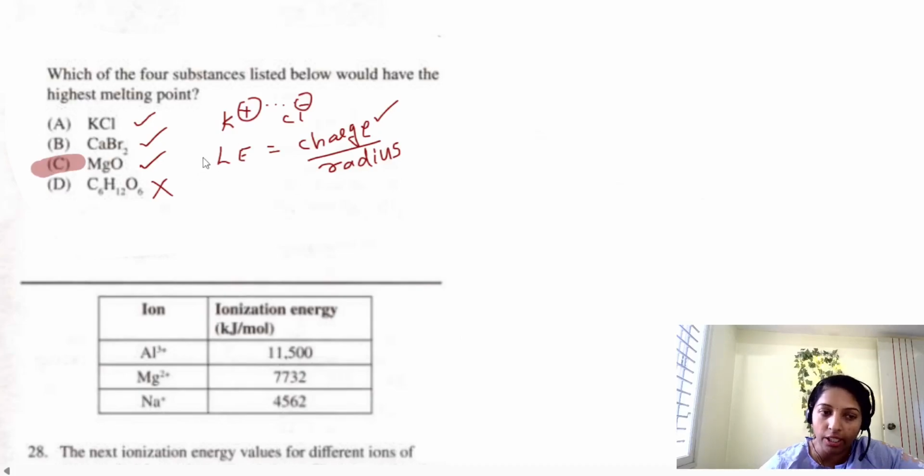If charges are the same, for example, instead of MgO, suppose it is MgCl2, then you think about the radius, because the charges are the same. Then look at the lower radius. Magnesium has a lower radius than calcium. At that time, magnesium chloride, MgCl2, will have the higher melting point. Okay. In this case, no issue, MgO.